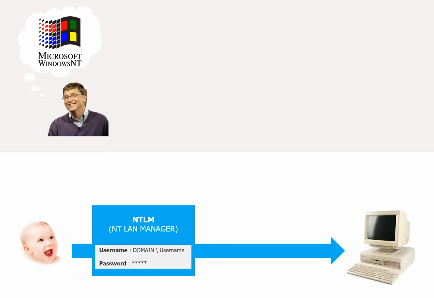He called it the NT LAN Manager, the NTLM, and users were happy because they could use NTLM to access their new toy, even though they understood very little about it. They typed their login domain/username and they typed their password. The login was very often simplified as only the username after the first access.